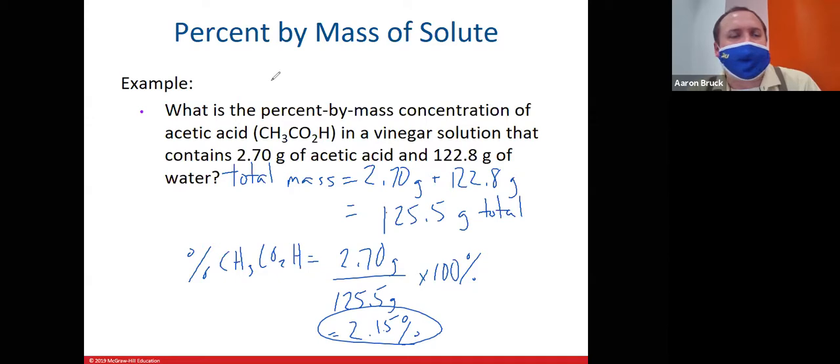So the percent by mass here is 2.15%. Any questions with this example?